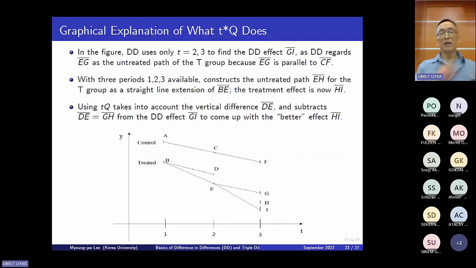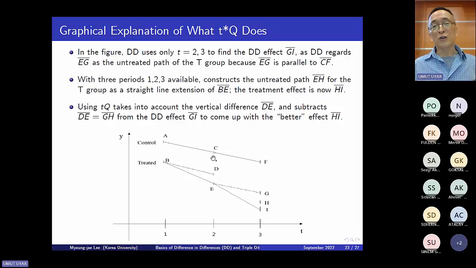Let me explain by graph what adding t times q means. Suppose this is the outcome in periods 1, 2, and 3. This is the control group path, and this is the treatment group path.